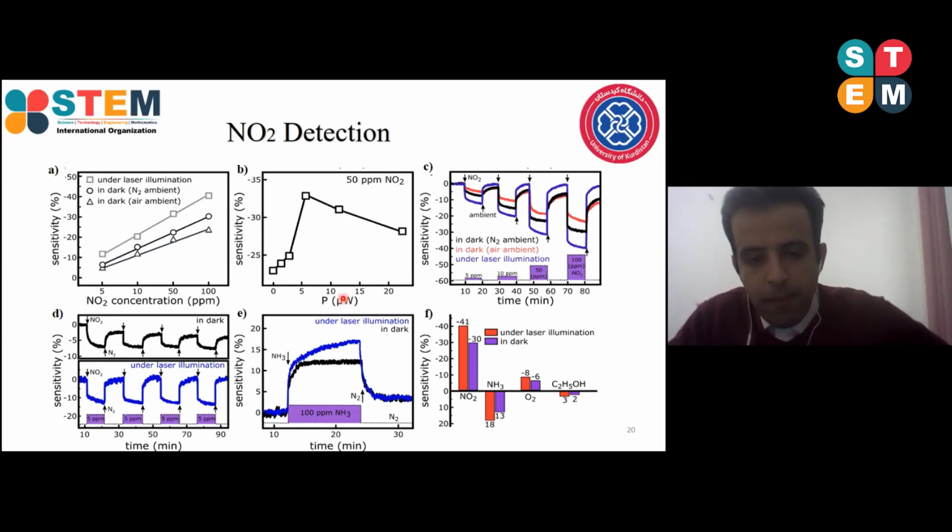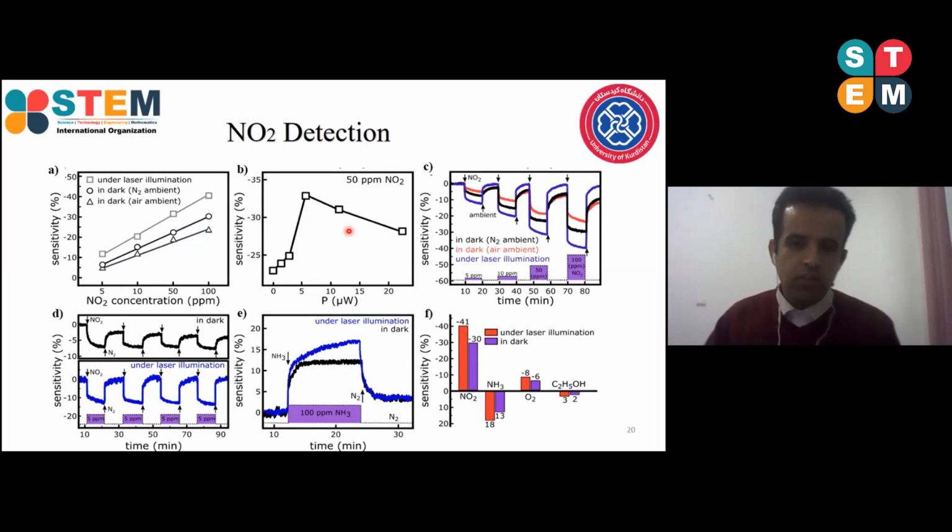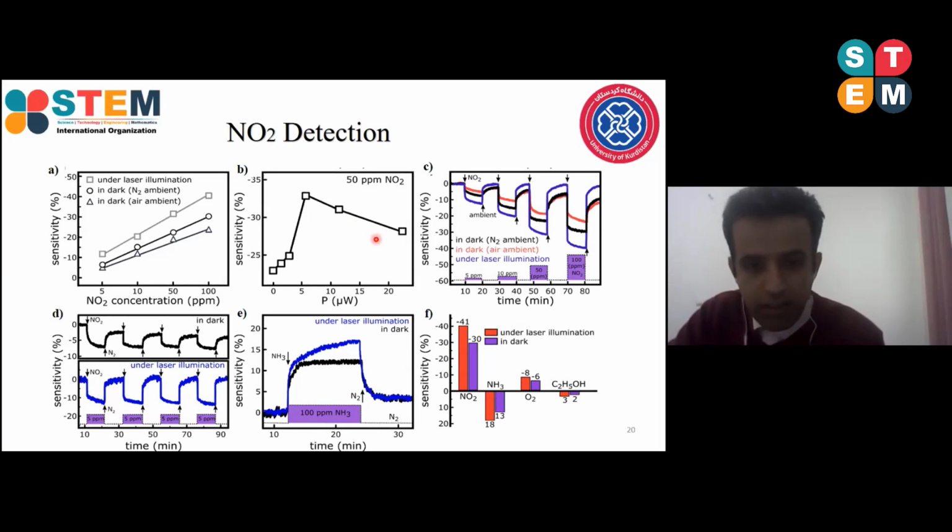The sensitivity compared with power intensity showed that with increasing power, the sensitivity also increased, but at one point, around 5 microwatt, by increasing the power, the sensitivity decreases. We believe that is a kind of saturation in the sensor, in the materials. It's a kind of saturation with absorbing light, so applying more power intensity doesn't change the sensitivity, and actually decreases it.